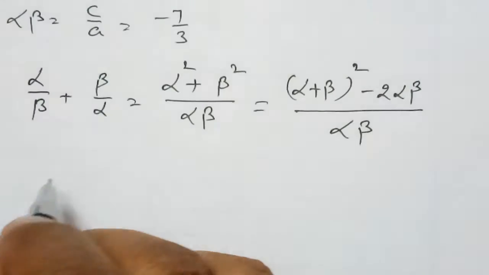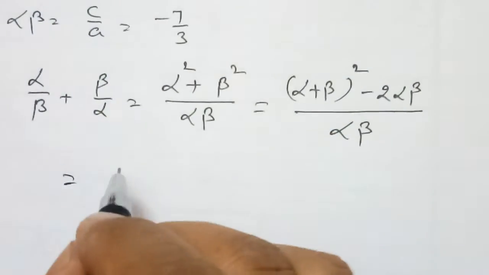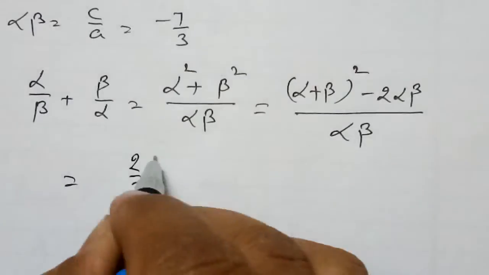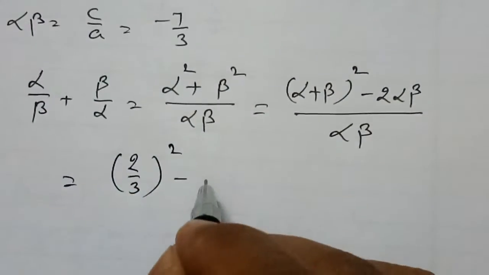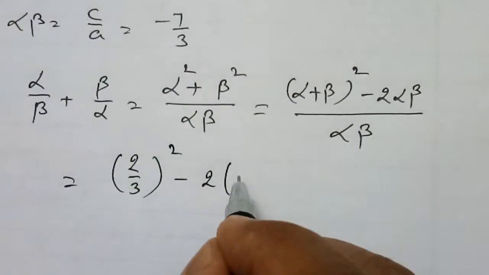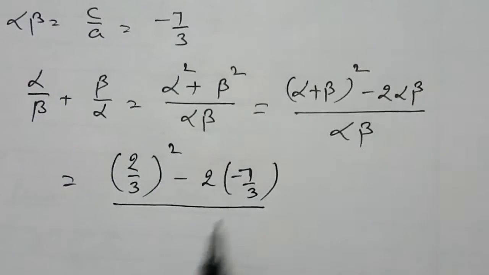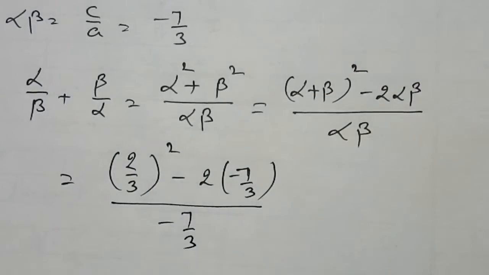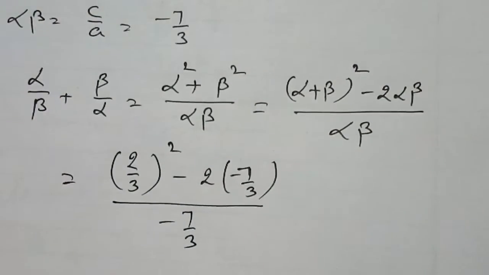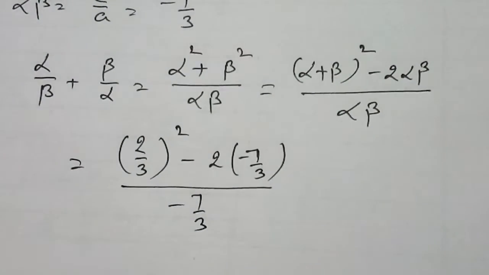Now we will substitute these values. Alpha plus beta, which equals 2 by 3, whole square, minus 2 into alpha beta, which equals minus 7 by 3, over minus 7 by 3. So we have to do this calculation, and we will get the answer.